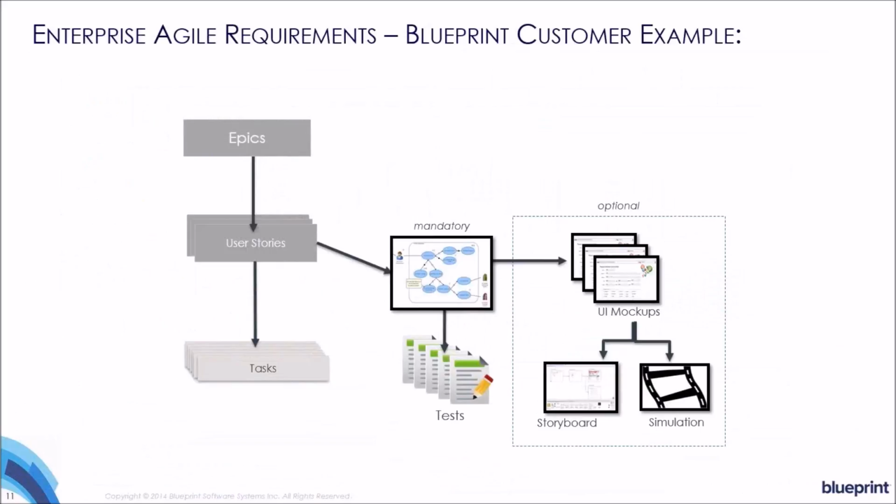Next, they have mandated that every user story must have a use case. They then create UI mockups and use these mockups to run a visual simulation and/or string them together in one or more storyboards. A key component of all of this is Blueprint's ability to provide end-to-end traceability.